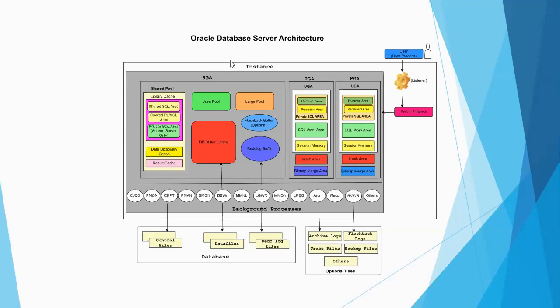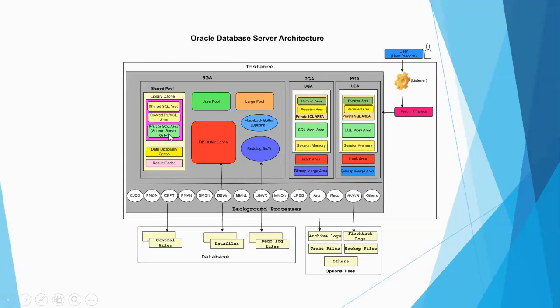Now, the next thing that we see inside the library cache is something called a private SQL area. But we have already seen a private SQL area in the PGA. So why is it being shown inside the shared pool as well? If you see the text over here, it says shared in case of shared server only.